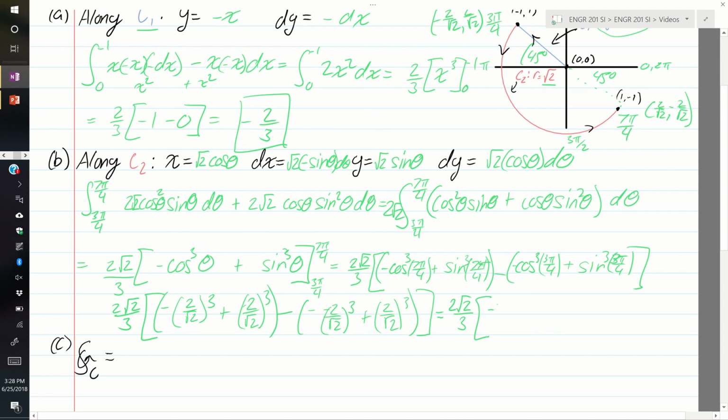So it comes to negative 4 over root 2 minus 4 over root 2 minus a negative 4 over root 2, then plus 4 over root 2, that's my bad.